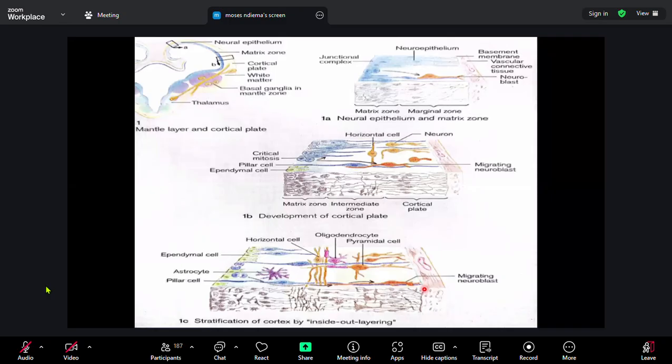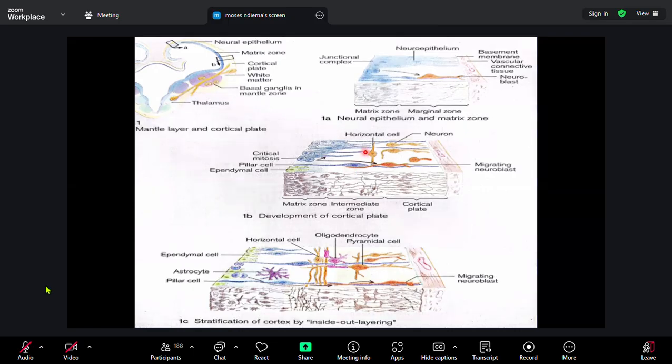These cells, the first group of cells that migrate, will form a cluster in the intermediate zone. So we have a matrix zone and an intermediate zone containing differentiated cells, both neuroblasts and glial cells.